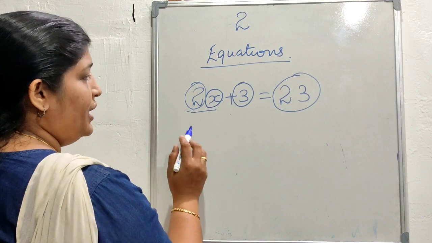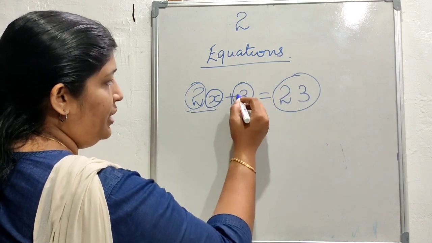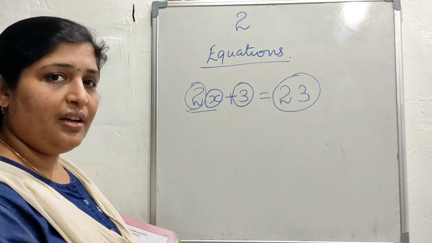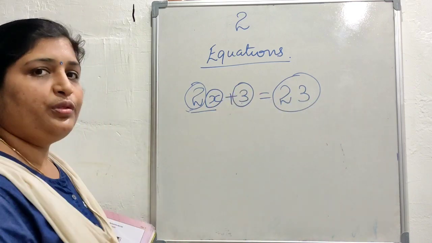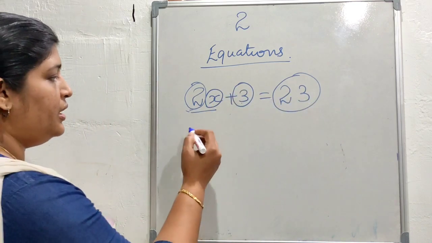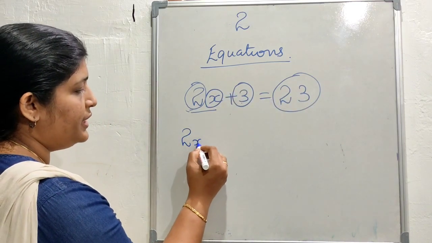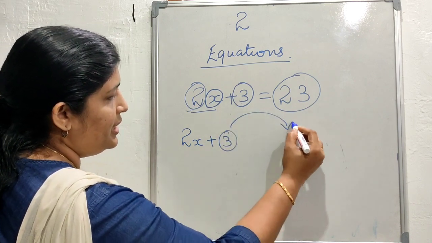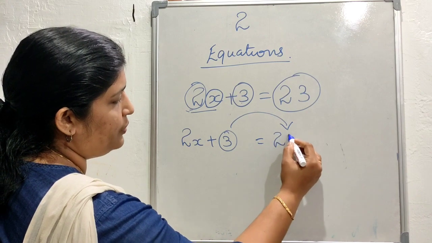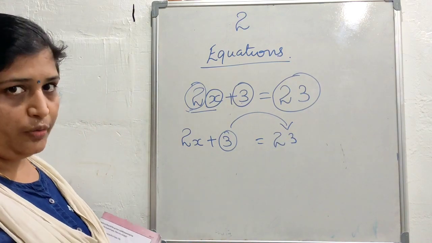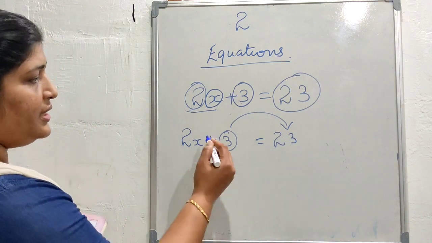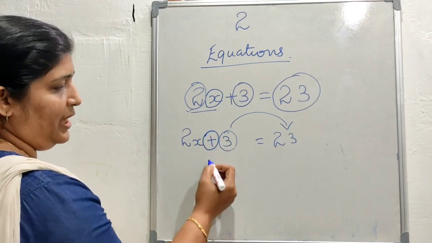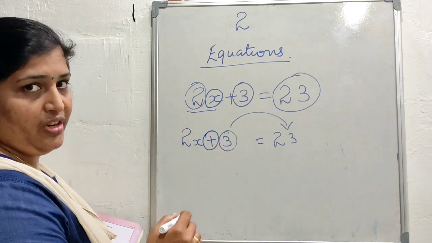So first I am moving this 3 to the right hand side of the equation. See here this is plus 3, that means it is adding here.